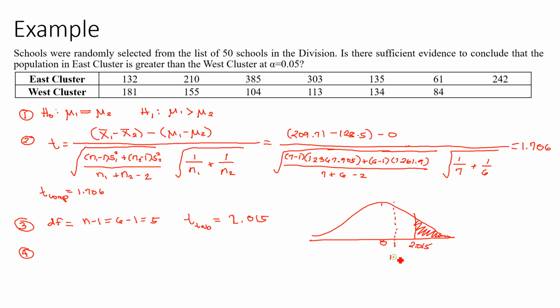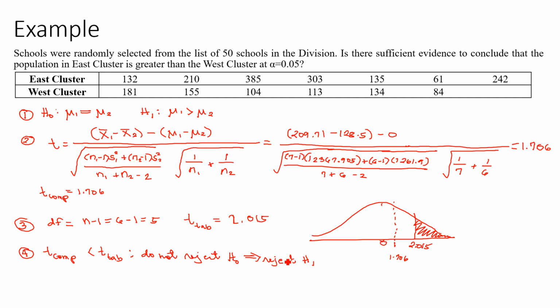In our step 4, since the computed t value is less than the tabular t value, we do not reject our null hypothesis, which implies that we reject the alternative hypothesis, which is the claim of the researcher in the example.